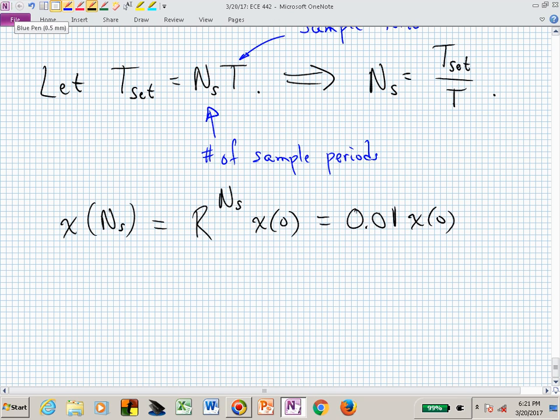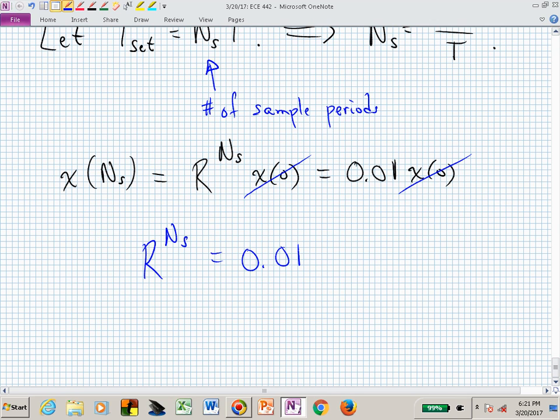If we focus on the right two expressions, we can cancel the common x naught, and now it doesn't depend on the initial condition. We can say that R raised to the N sub S is equal to 0.01, and this 0.01 is coming from our 1% settling time.